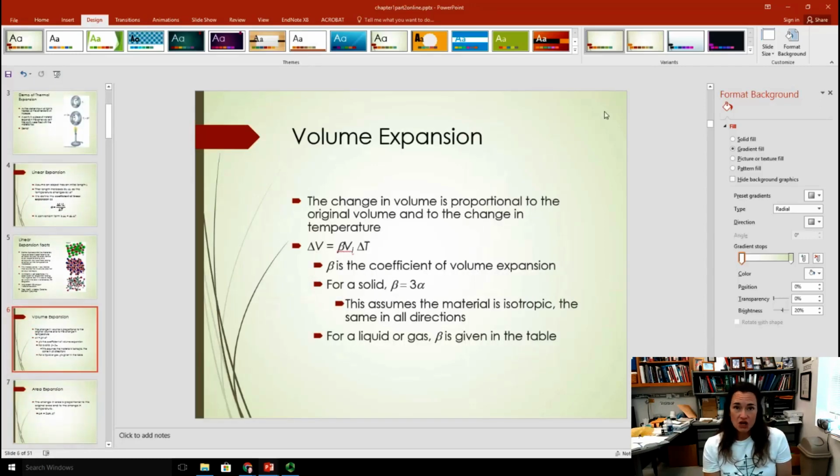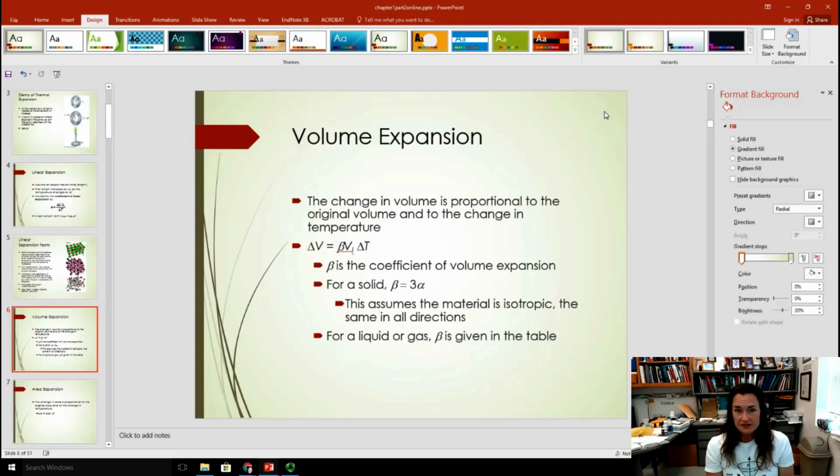Now, we can also talk about the volume expansion of a solid or a liquid. The change in volume is proportional to the original volume and to the change in temperature. The equation looks very similar to the coefficient for linear expansion when we write it out. Delta V is equal to beta V_i delta T, where delta V is the change in volume, beta is now defined as the coefficient of volume expansion, V_i is the initial volume, and delta T is the change in temperature.